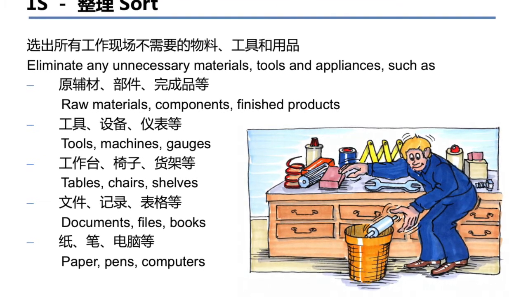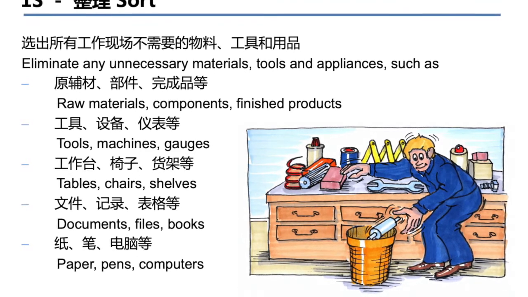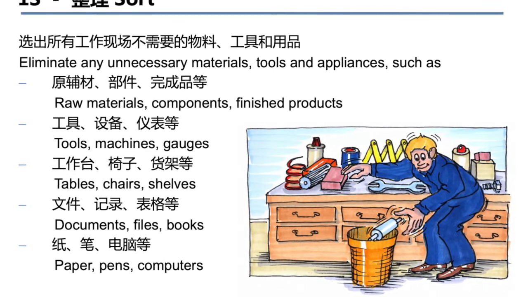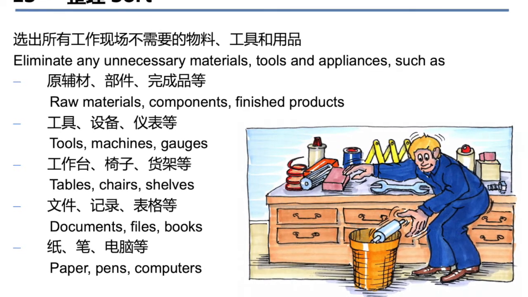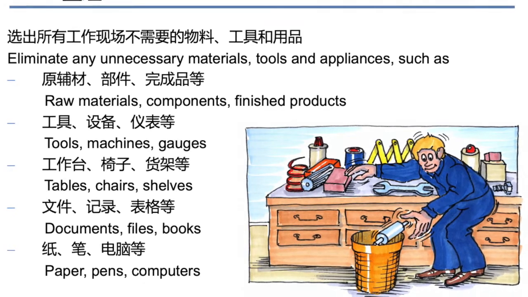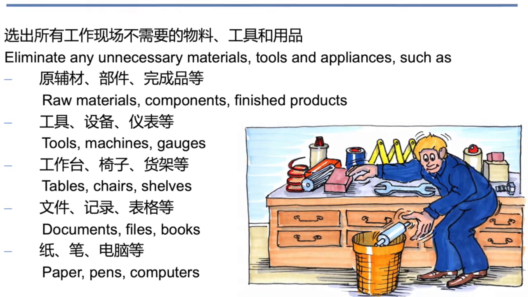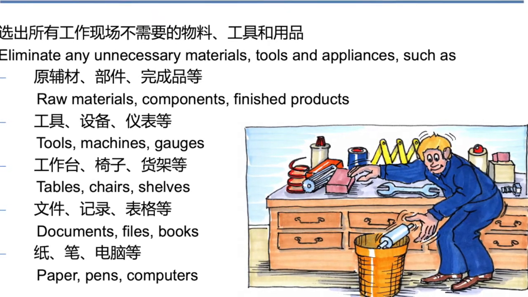This is a very good word, sort. From the word we can see that the first S is going to do some sorting, because on the shop floor there are lots of different kinds of materials, tools, machines, everything.